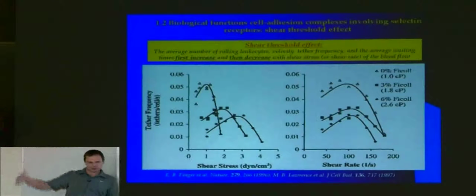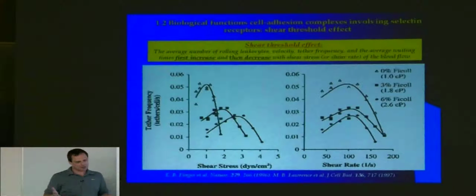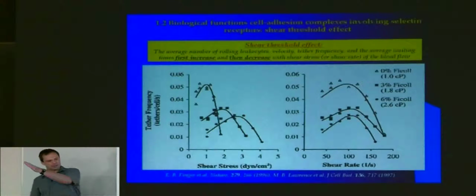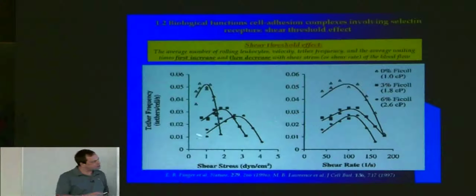Something goes up and then goes down. Nothing monotonic. One would expect a monotonic increase of the average velocity with the shear stress, okay? Monotonic decrease of the average waiting time, okay? Monotonic decrease of the average tether numbers, etc. But what they observe is first an increase and then a decrease.